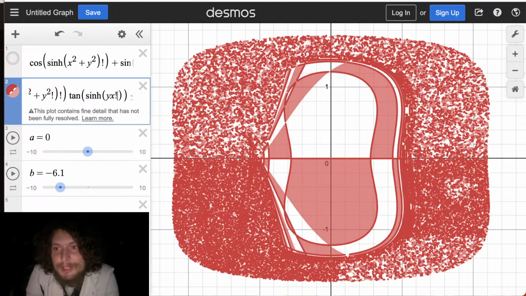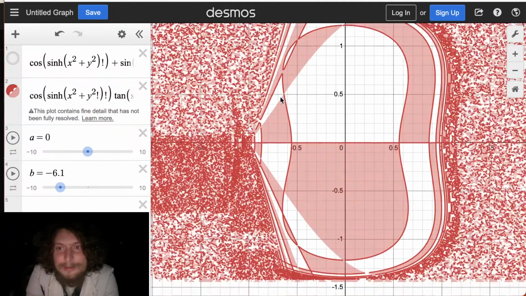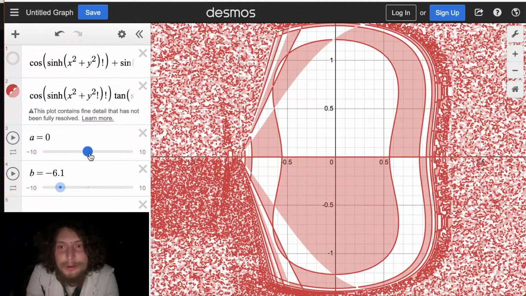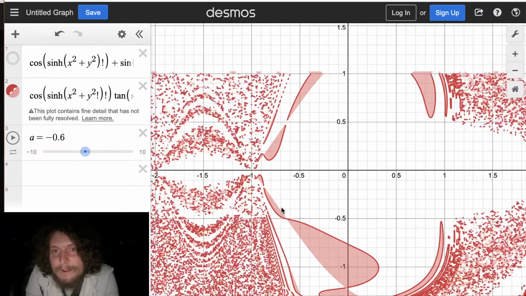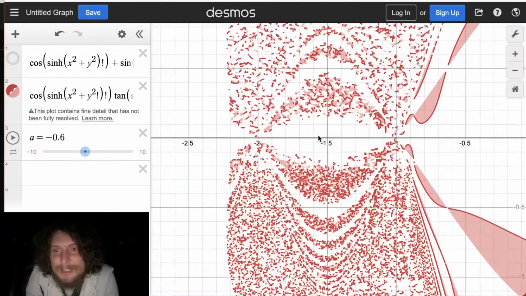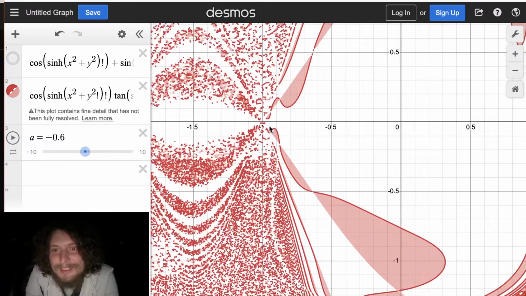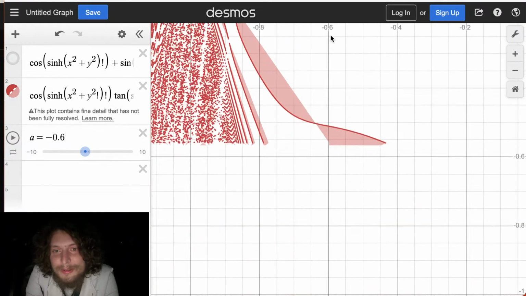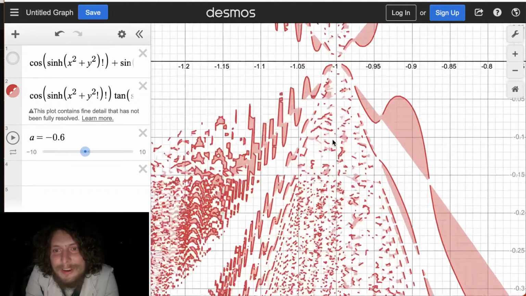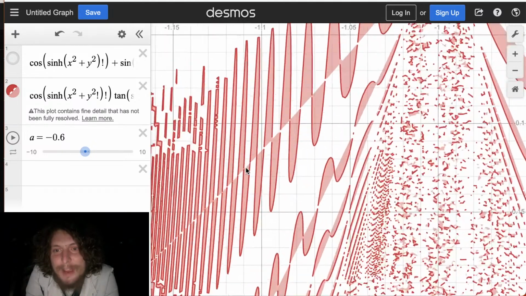Okay, we didn't really change the shape, I don't think, but we changed what's in there in a pretty crazy way. It looks like a spider web almost. I might as well take B off. That might be confusing some viewers. We don't even have B in there. Look at that. Here it's almost like an eye shape. And then look at these weird spirals that come out of it. And then if you go over here, it's like doing the spirals, but way faster.